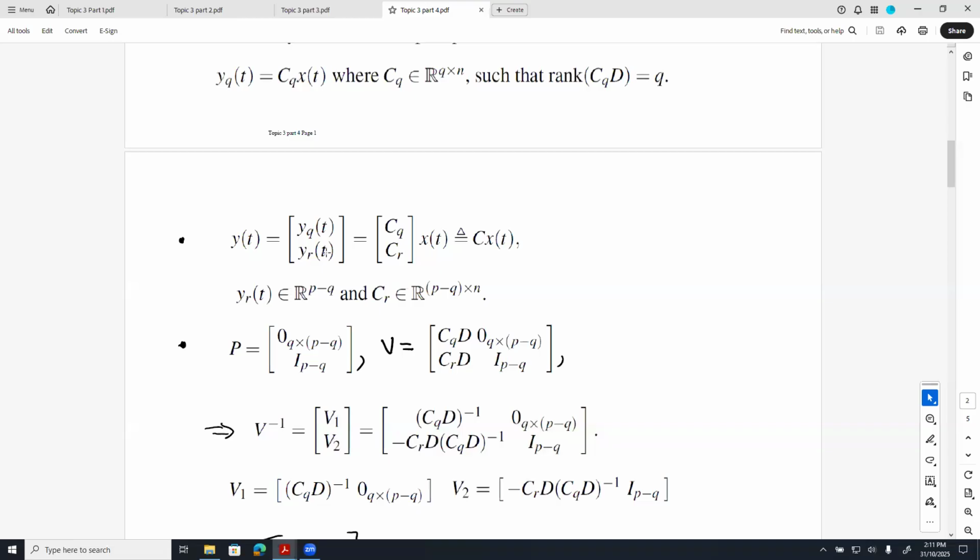And if that is the case, then we call this new arrangement the output measurement vector, and it's just a new C matrix. This C matrix is of dimension P by N, and Q is less than P.